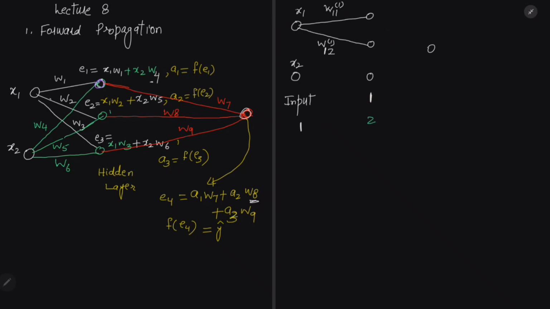We need to just revisit that again. And then we have 3. So one shows that we are taking weight from x1 to the neuron number 1 in hidden layer 1. Although this looks like it is 2, but that's how it is. It is hidden layer number 1. Okay, I hope you got the point.